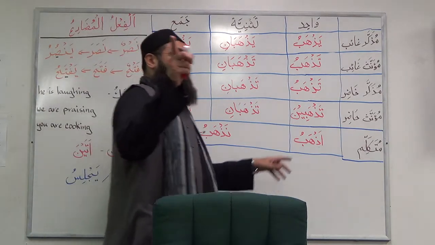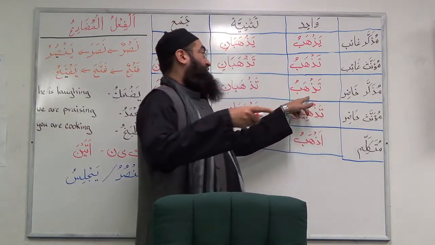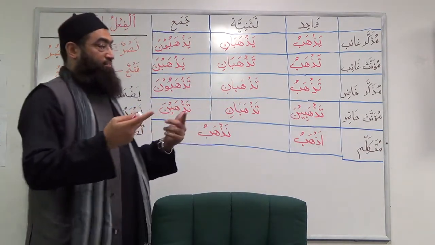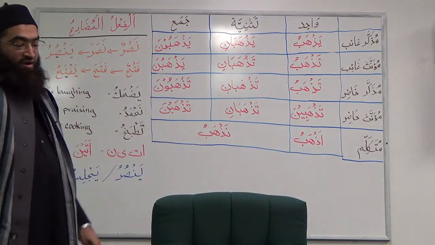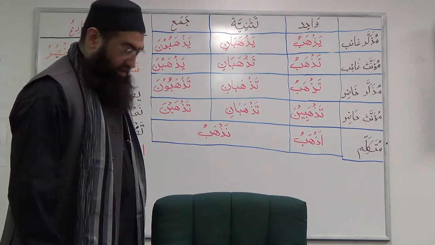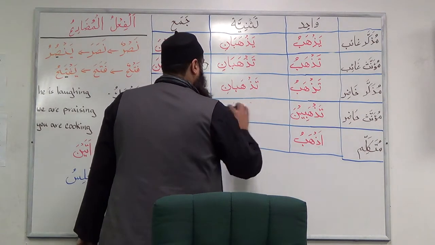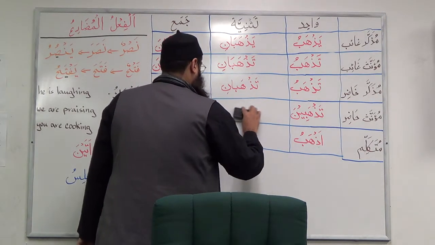That 1 lady is going to leave, tadhabu. You 1 man are going to leave, tadhabu. Tadhabu is the same. So these 2 and these 3 are going to be the same. All right, I think we got a little bit of it. We're going to do 1 more word. Let's break something.